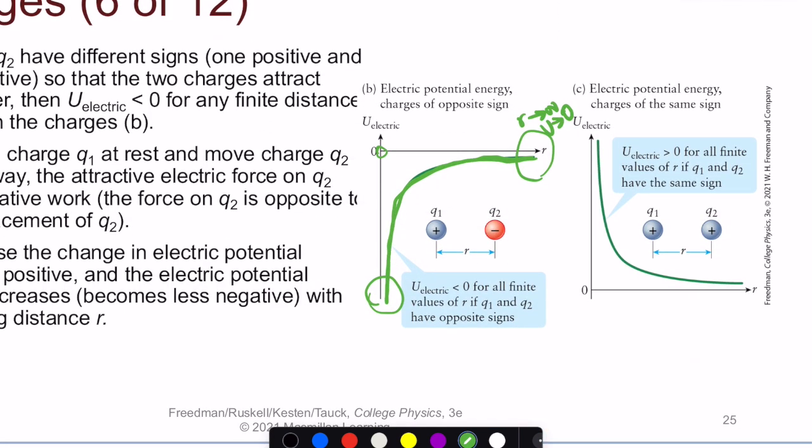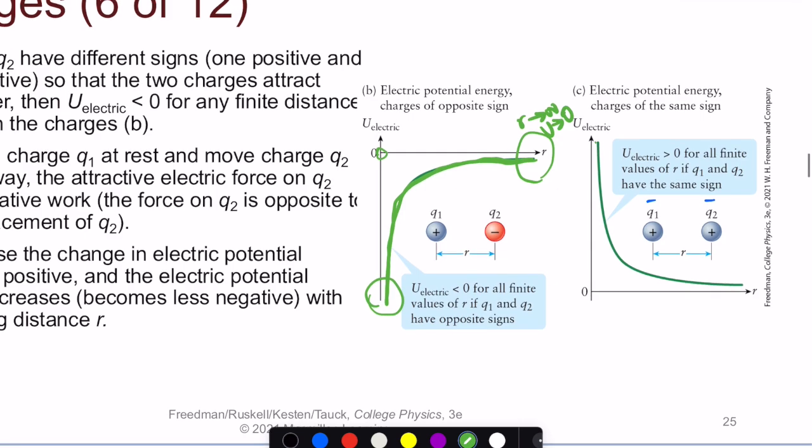And so now what about two charges of the same sign? So this is for either negative, negative, or positive, positive. Well, the potential exists completely in the positive area, above the x-axis or the r-axis. And we have the same kind of asymptotic behavior here. So as r approaches infinity, U also approaches zero, except it approaches it from the positive side.